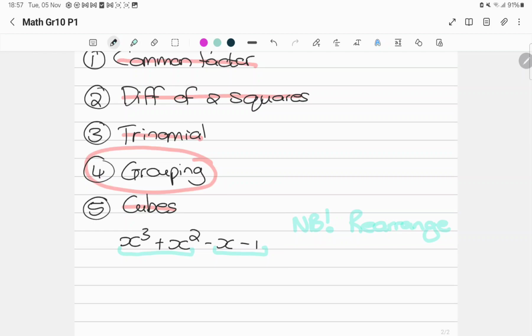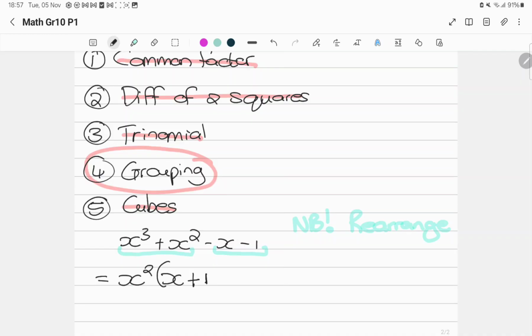Now if I look at group 1, what is common between x to the power 3 and x squared? Obviously there's an x squared. So if I make my bracket and remove an x squared, I ask myself, I had 3 x's, I removed 2, so how many is left? Only 1. Plus, I had 2 x's, I removed both, so what is left?